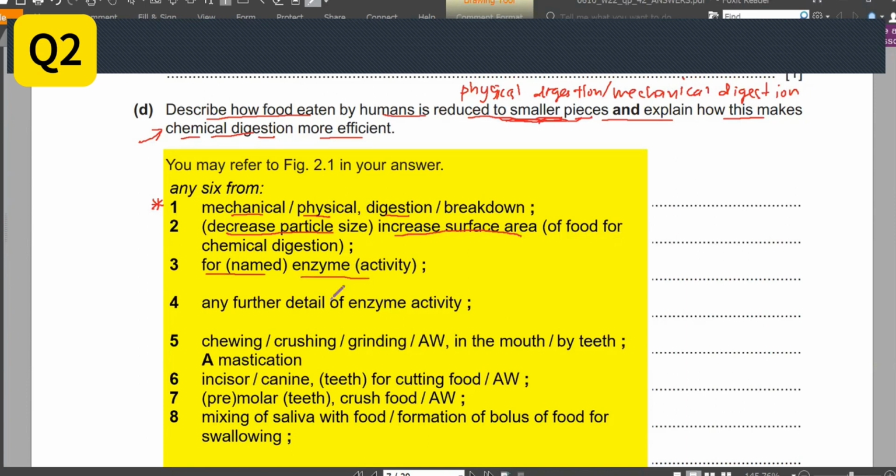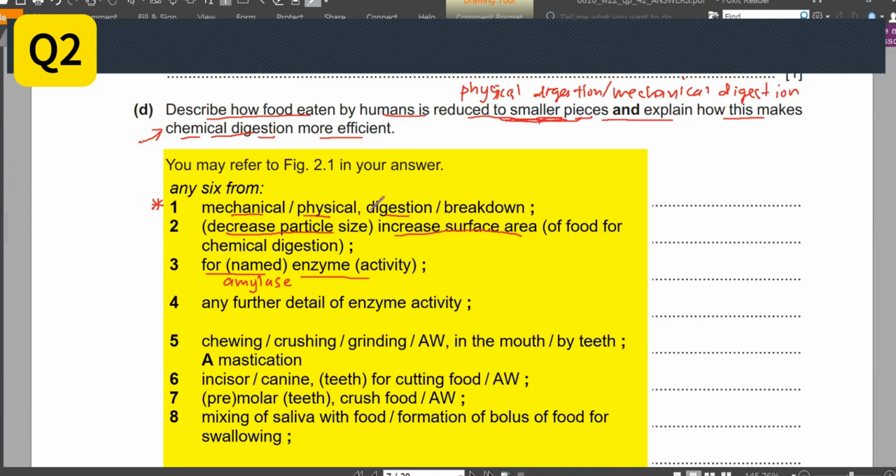At this point, any enzyme activity. For example, if we mention enzymes, let's say amylase, to improve the amylase enzyme activity.